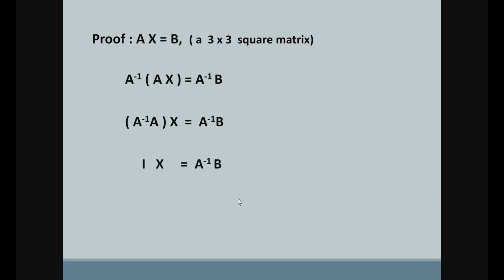For the proof, okay, this is for a 3 times 3 square matrix. We multiply by A inverse for the left hand side and then A inverse for the right hand side. Okay, we can multiply here. So A inverse times A equal to the identity matrix. The identity matrix is like this: 1 0 0, 0 1 0 for 3 times 3, 0 0 1.